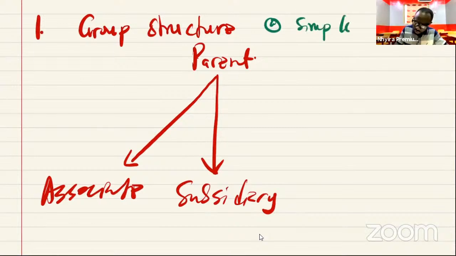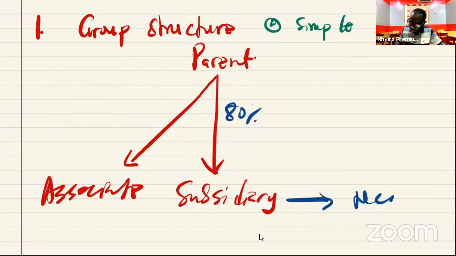This is the simple group structure for our FR people. Let's say we own 80%, so the non-controlling interest is going to be 20% here. If there is an associate, it means we own less than 50% of the voting rights within the organization, and that is the starting point.